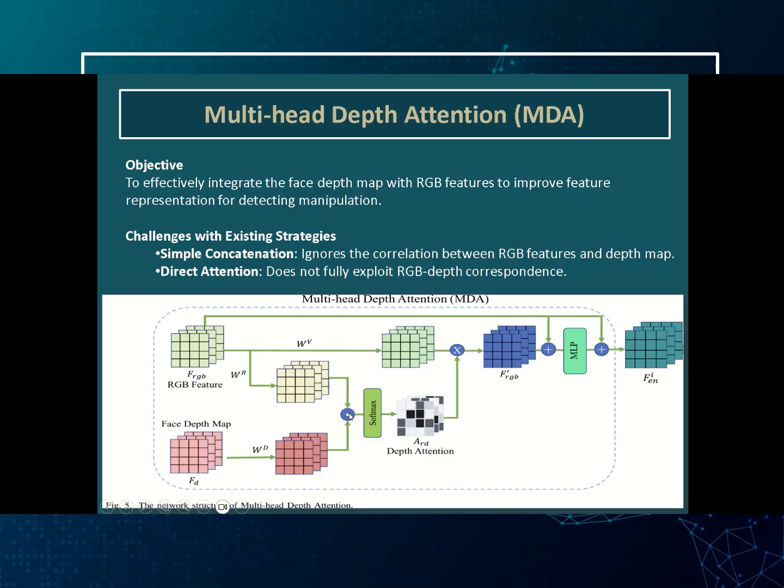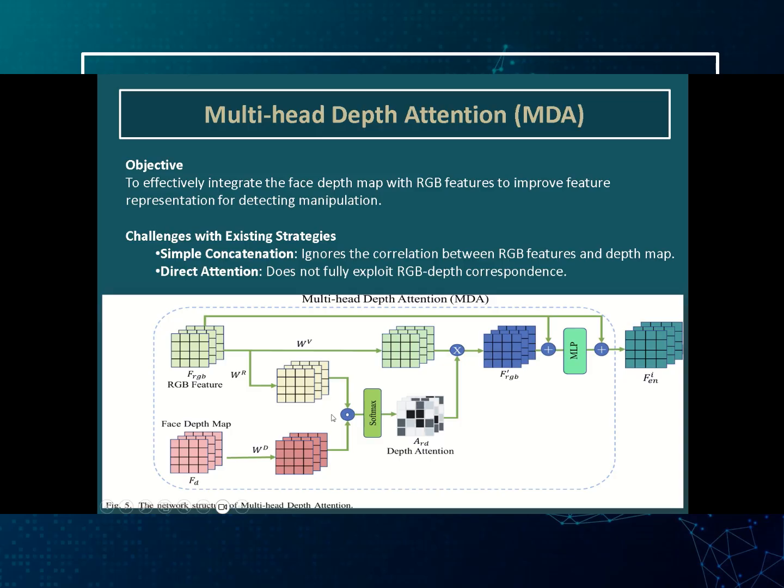they are doing the dot product, because dot product gives us the correlation between this RGB feature and the face depth map features. Here WR is the RGB weights and WD is the face depth weights, and both are trainable weights. Why dot product?